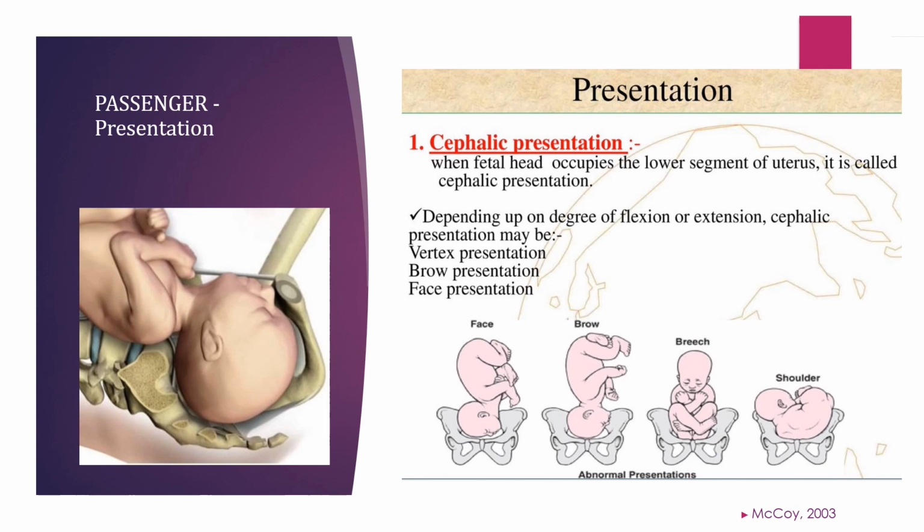So we're in the lower uterine segment, and the head is down. That's a cephalic presentation. There are some variations of cephalic because of the area of the head that is presenting, based on how the baby's head is flexed or extended. So the baby could go in vertex, could be brow, or could be face presentation.